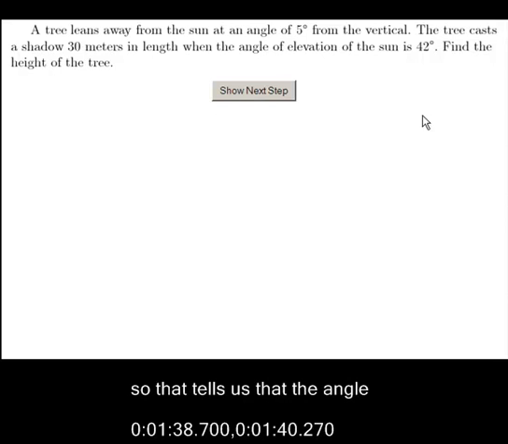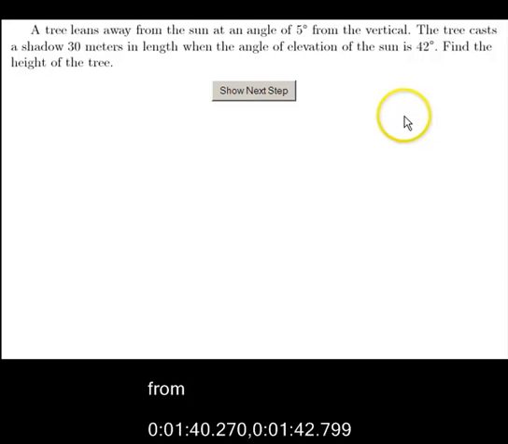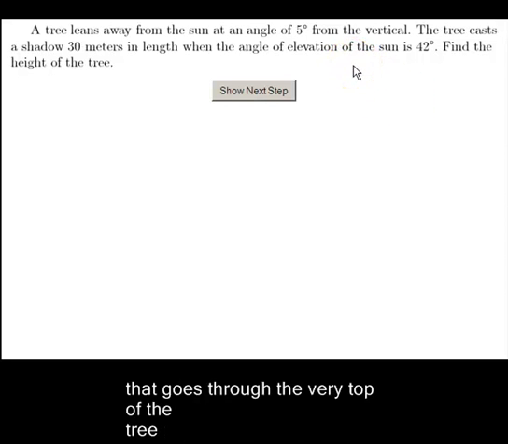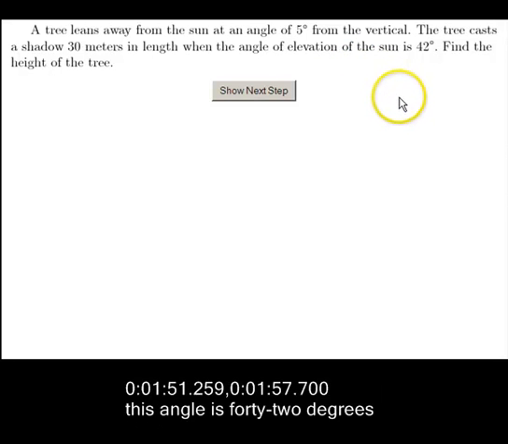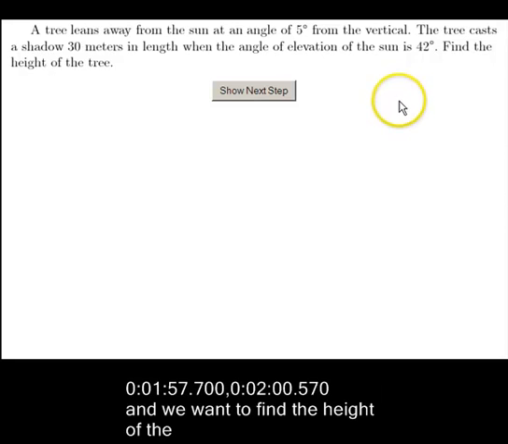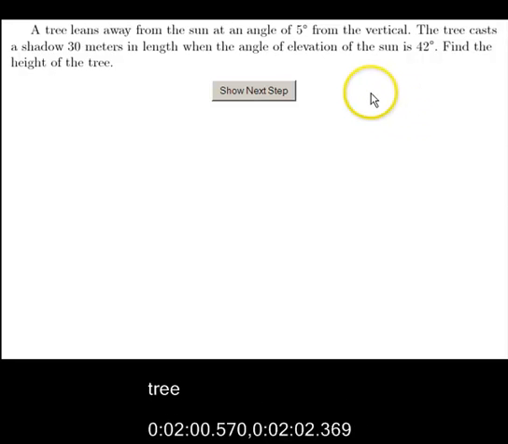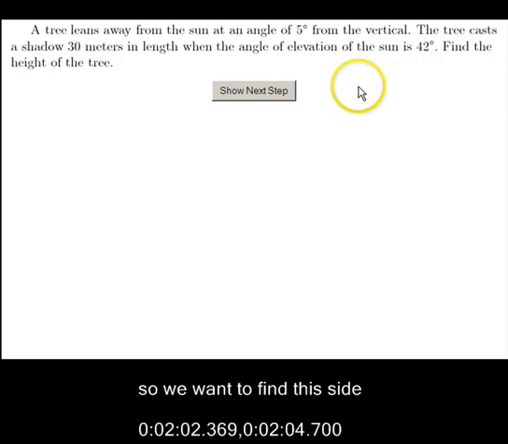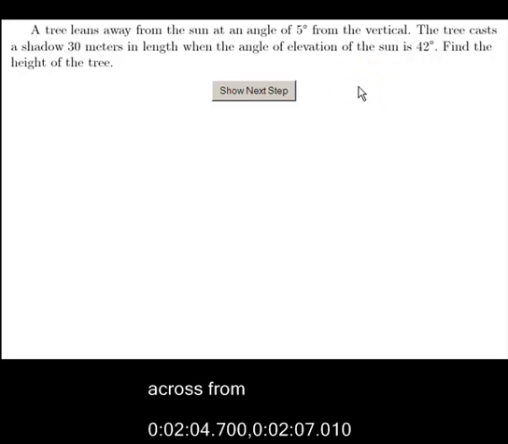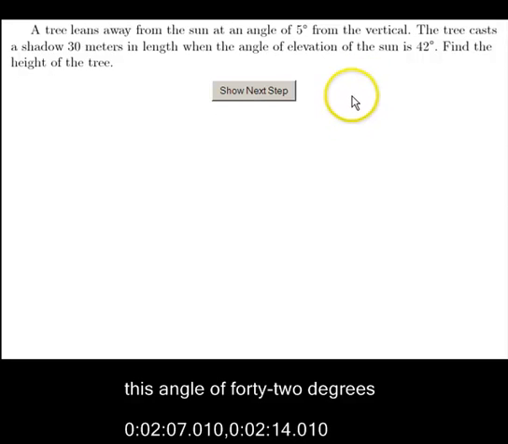So that tells us that the angle from the horizontal to the line that goes through the very top of the tree, this angle, is 42 degrees. And we want to find the height of the tree. So we want to find the side across from this angle of 42 degrees, which will give us the height of the tree.